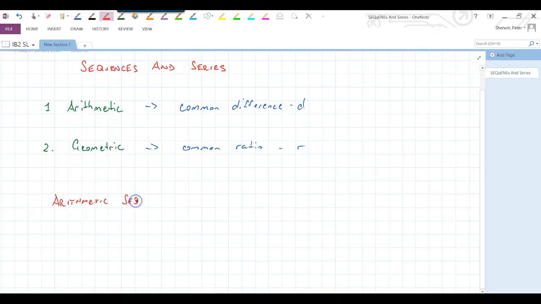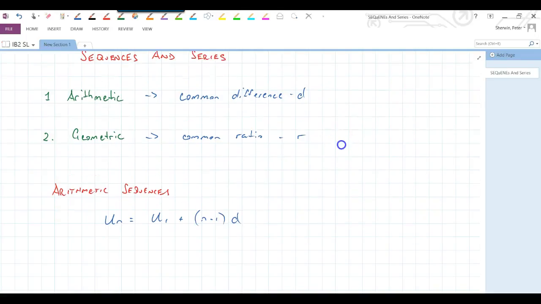What we established was that the nth term of an arithmetic sequence, un, is equal to the first term plus one less than n times the common difference. We looked at some examples of that, and we're working through exercise 1B. So that's the nth term of an arithmetic sequence.